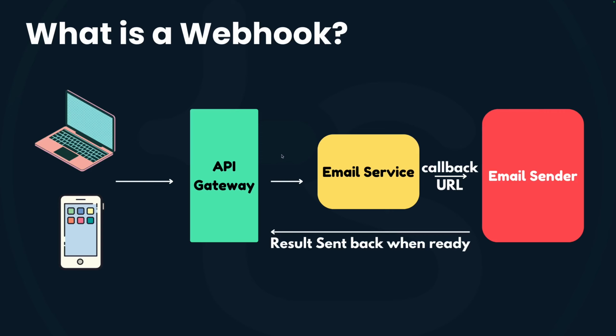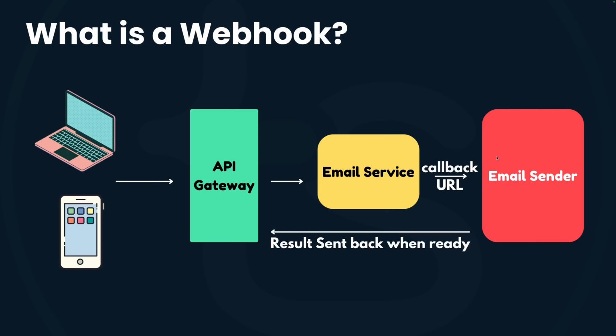Think about a situation where you have an email service, and that email service has an email sender. This might be a third-party application that is responsible for sending email. But if you go with the traditional polling method, what will happen? Once you get an API request for this email service and it receives this, it will keep polling after sending the request to the email sender, to check whether the email sender has sent it or not.